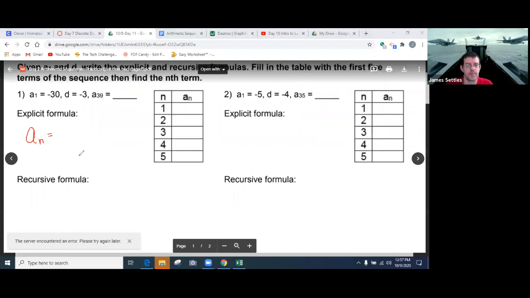We said A sub n. So this is what you'll write down for number 1, the explicit formula. A sub n is equal to, and then we plug in A1, which is negative 30. And then minus 3. So that's the difference. And then n minus 1. So this is what we did yesterday. We just kind of practiced plugging this in right here.